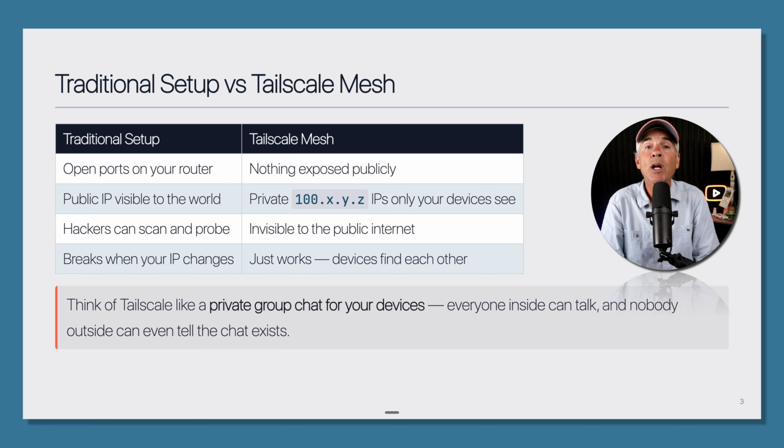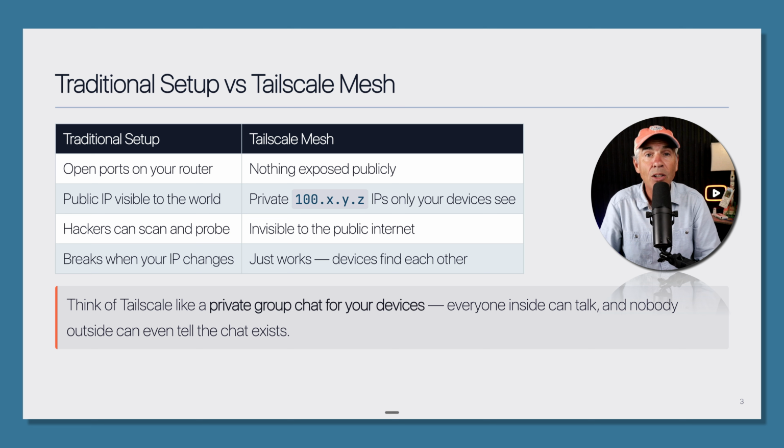The difference between a traditional setup: let's say you want to make your home computer reachable from the internet. Well, in order to do that, you typically have to open up ports on your computer. And anytime you open up a port, you're basically opening up a door or a window of vulnerability. Hackers love open ports, and they're constantly trying to find open ports on a network so they can get in and do malicious activity.